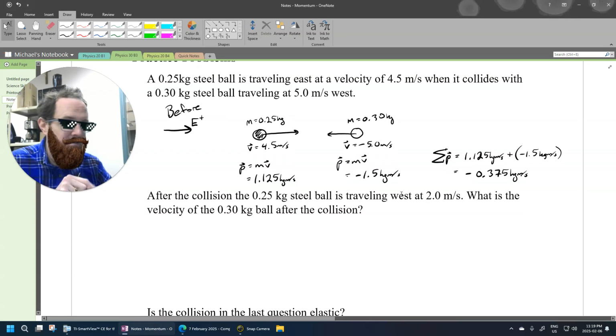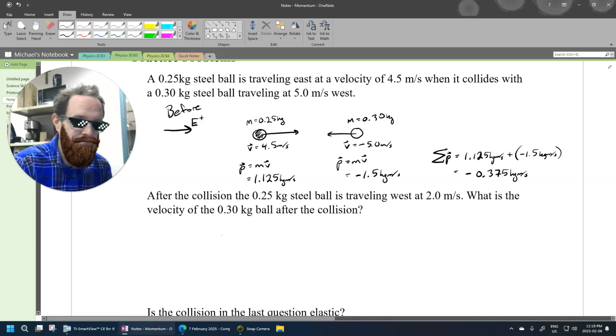All right, so afterwards, let me just find my cursor. Now this ball here is traveling west. So I'm just going to rewrite this one. West being a negative number, so I'm just going to write that down as a negative.